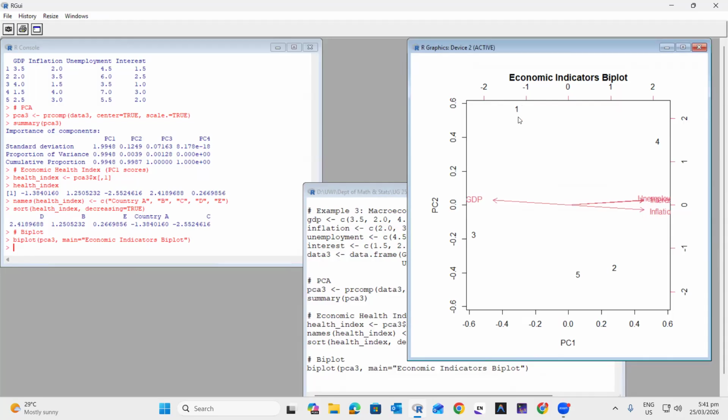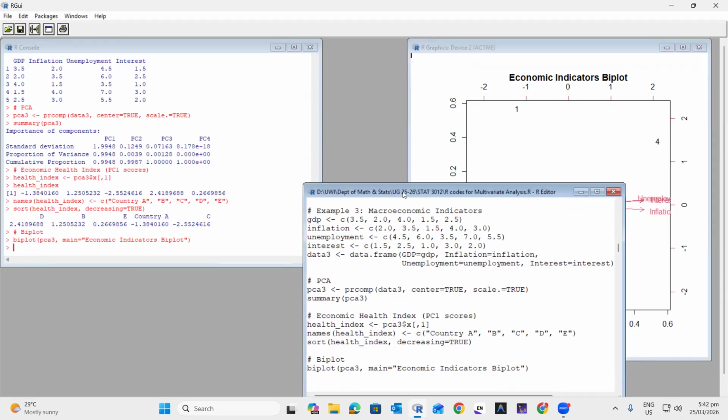Basically, a strong economy they have, and three at the top left here has the high GDP but has a different PC2 profile, and country 4 on the right is high in inflation and unemployment, basically economically stressed, and countries 2 and 5 here, these two clusters are near the center bottom, moderate economies. Okay, so this is the interpretation of your biplot in the principal component analysis.